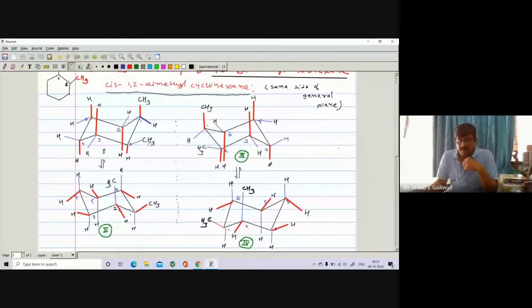When it undergoes ring flipping, one will convert into the other. The methyl on carbon number 1, as it was axial, becomes equatorial, and the equatorial becomes axial.